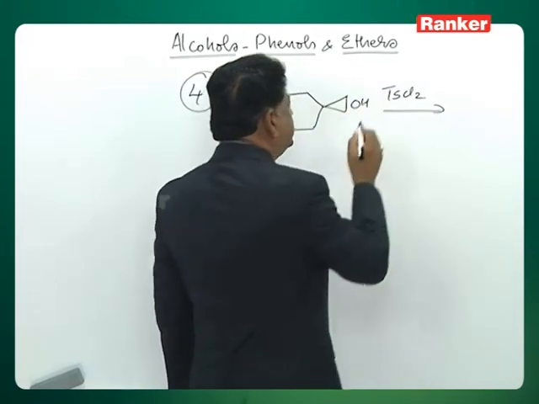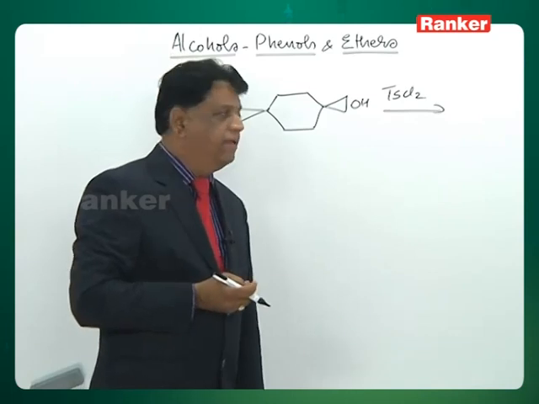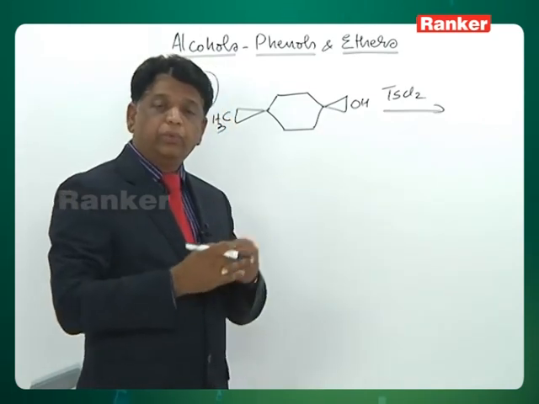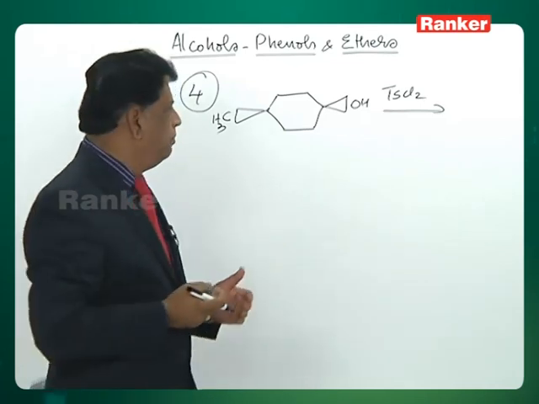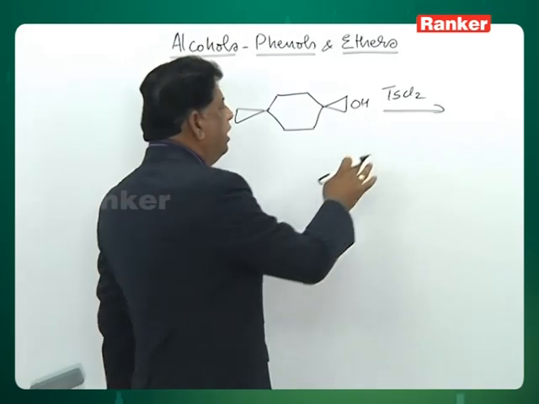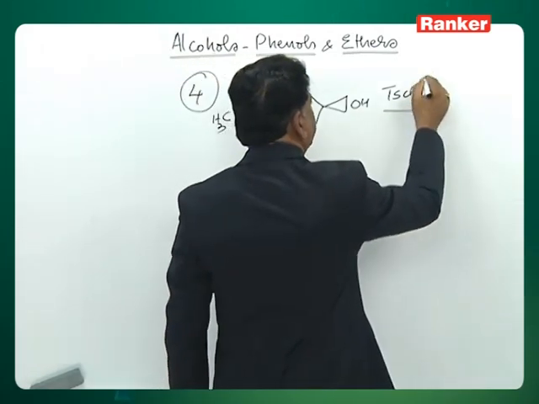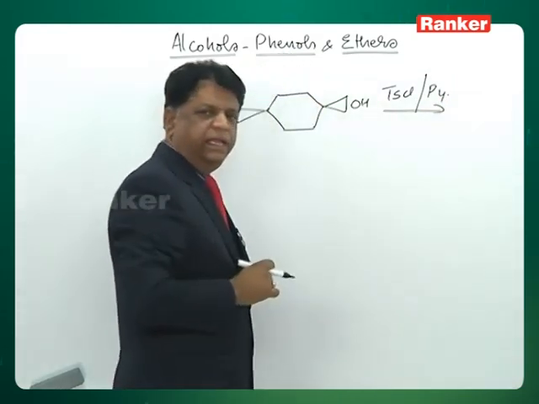Actually, if you want to replace the OH, there are very few reagents. If it is a halogen, a huge number of stronger bases can replace the Cl. But the OH replacement is not like that of Cl. Tosyl chloride followed by pyridine: in the presence of pyridine, that is the reagent.